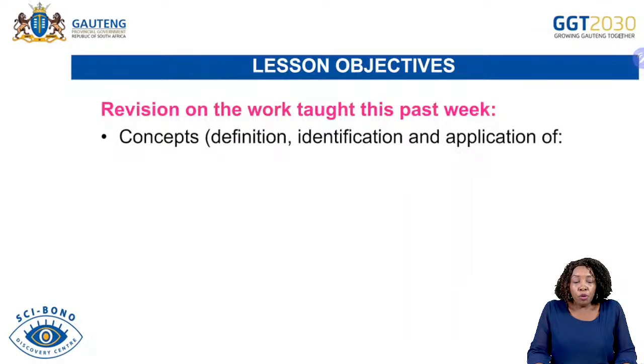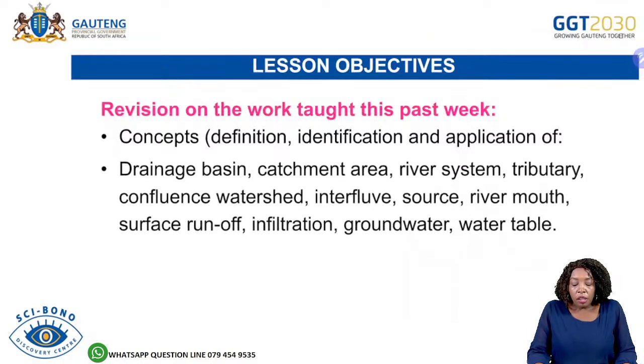Right, we are going to look at the concepts, where we have to explain or look into the definition of the concept, identification and application of these concepts that you are also going to be revising today.